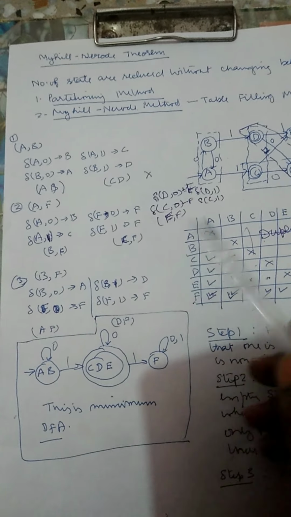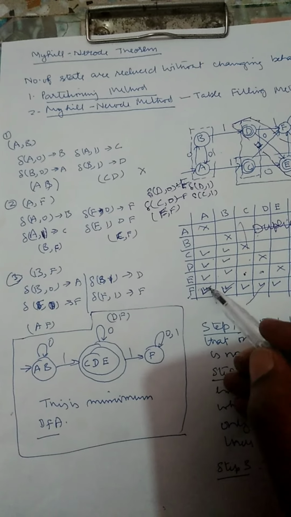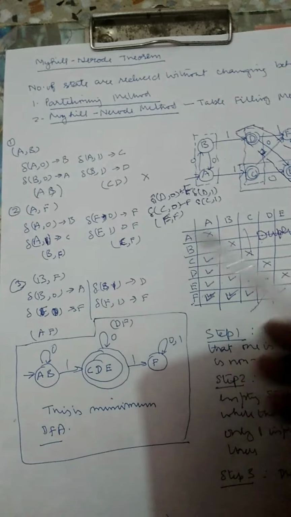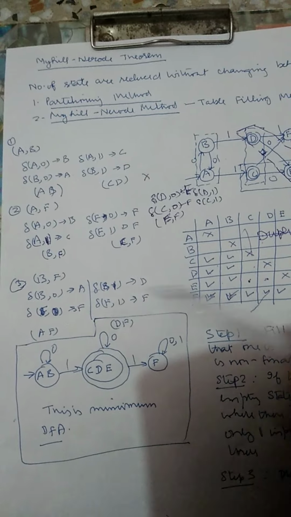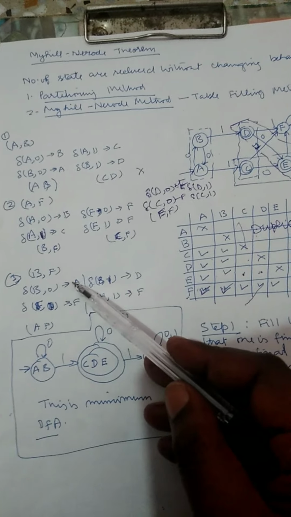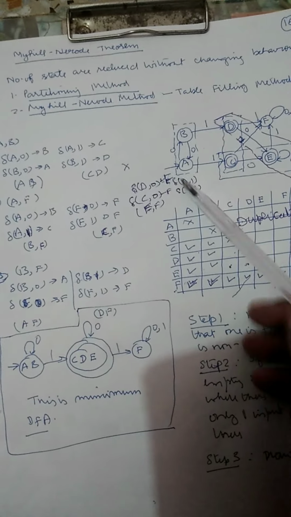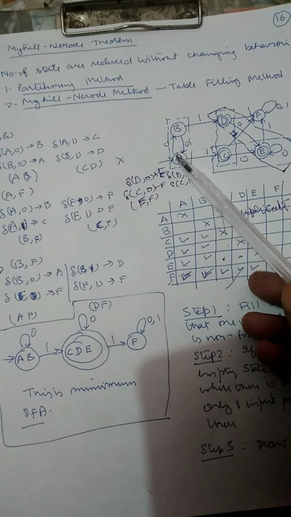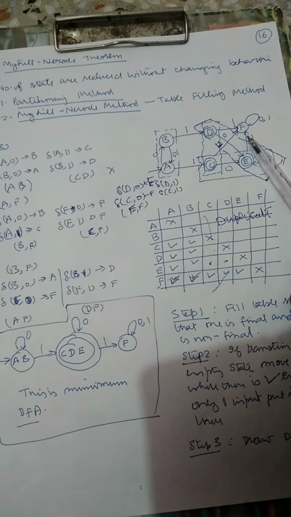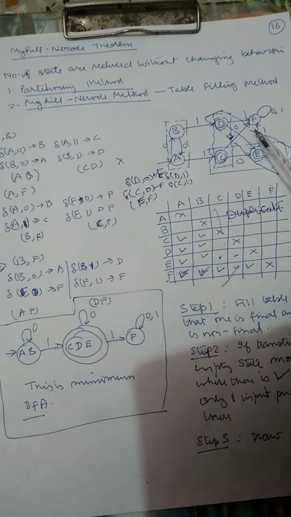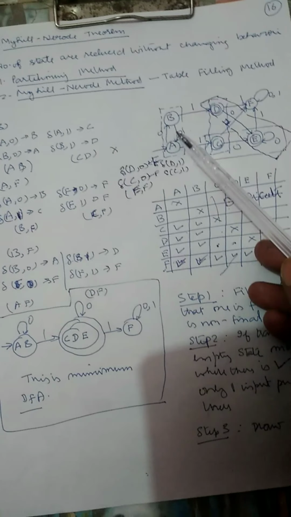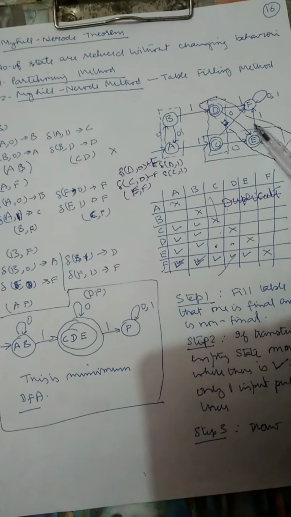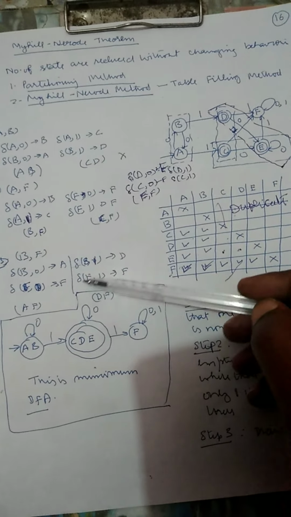Okay. Next we move to BF. B on 0 leads to A, and F on 0 leads to F. B on 1 leads to D, and F on 1 leads to F. We got now 0 and 0.